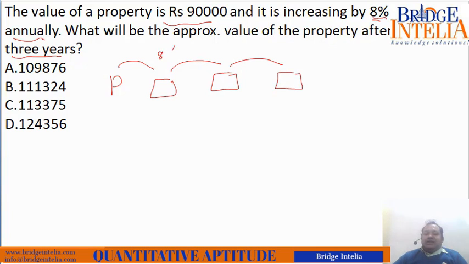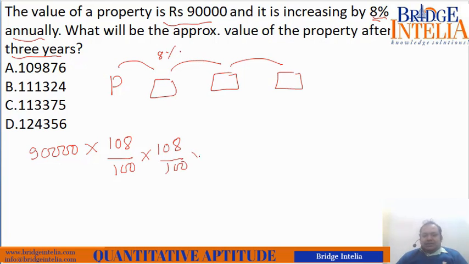At the rate of 8%. So starting with 90,000, first year increase of 8%. So 100 plus 8, 108 by 100. Next year same change. Third year same change. So this will be the final value after 3 years.